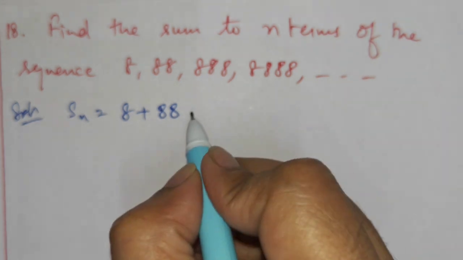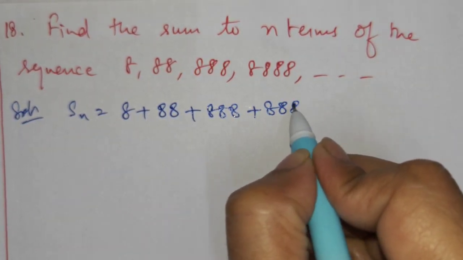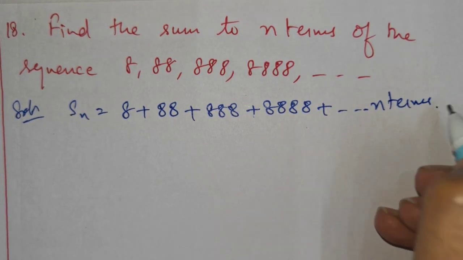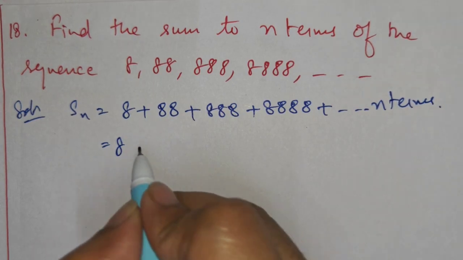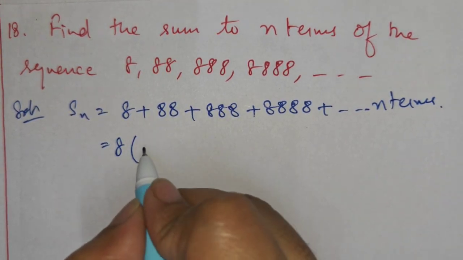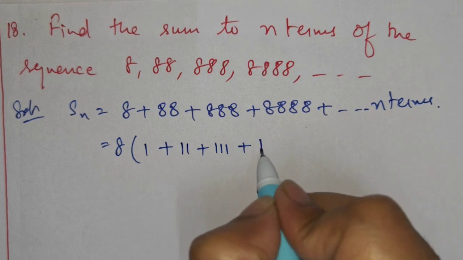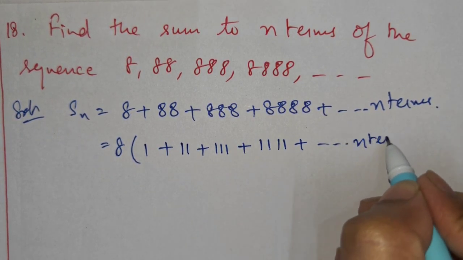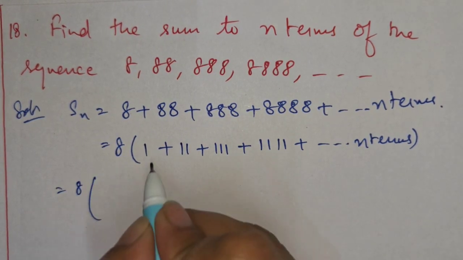So this becomes 8 plus 88 plus 888 plus 8888 and so on up to n terms. From here we will first take 8 common. We can write it as 8 into 1 plus 11 plus 111 plus 1111 and so on up to n terms.